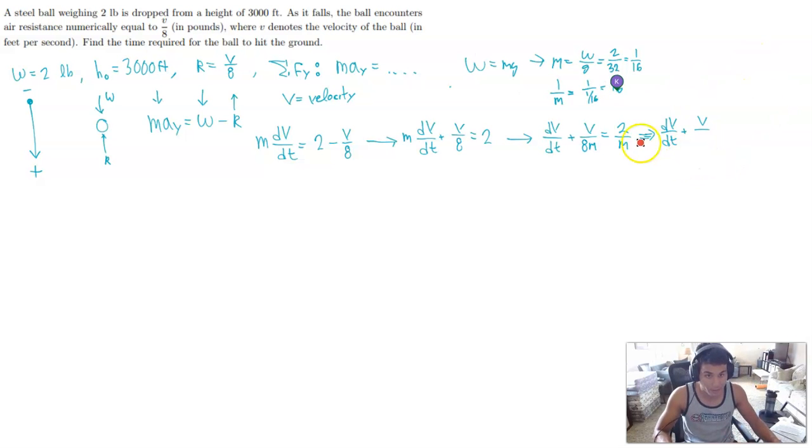So what we have here is going to be v divided by 8 times 16, so it's going to be 2v. And then on the other side, it's going to be 2 divided by mass, which is 2 divided by 1 over 16, which is 32.